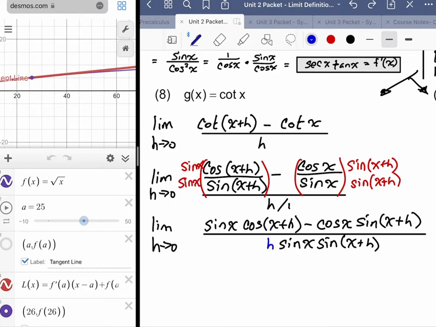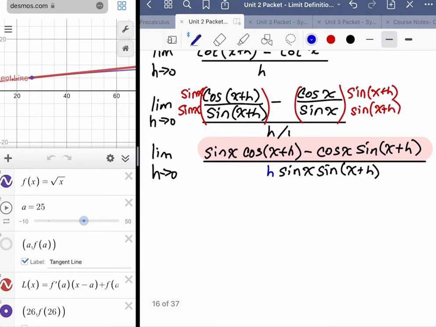All right, so we had an expansion in the numerator here of sine x cosine x plus h minus the rest. That is the expansion of the difference rule for sine. Sine of a minus b is equal to sine a cosine b minus cosine a sine b.